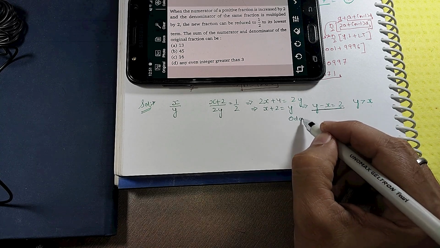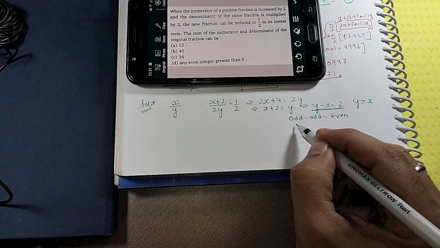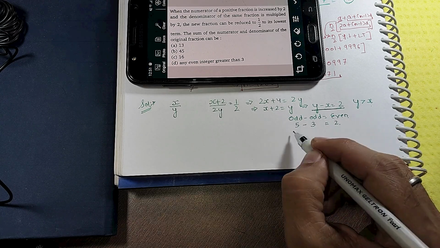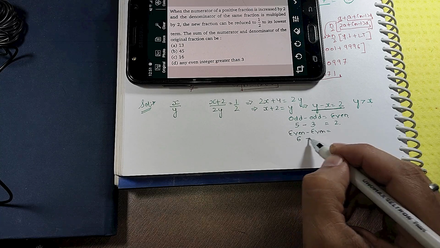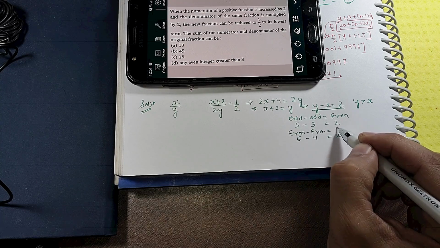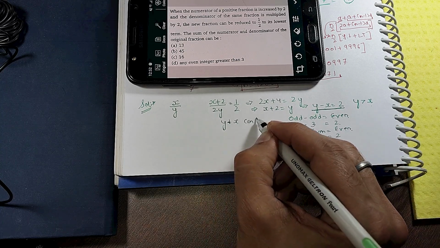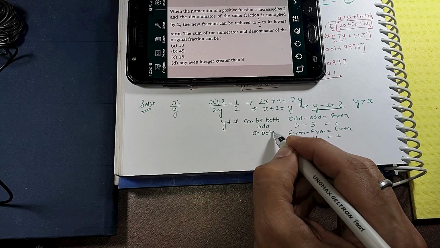It can happen when odd minus odd is equal to even. Let us suppose an example for this. 5 minus 3 is equal to 2. Or even minus even. So that is 6 minus 4 is equal to 2. So that is also even. So this means that y and x can be both odd or both even, right?